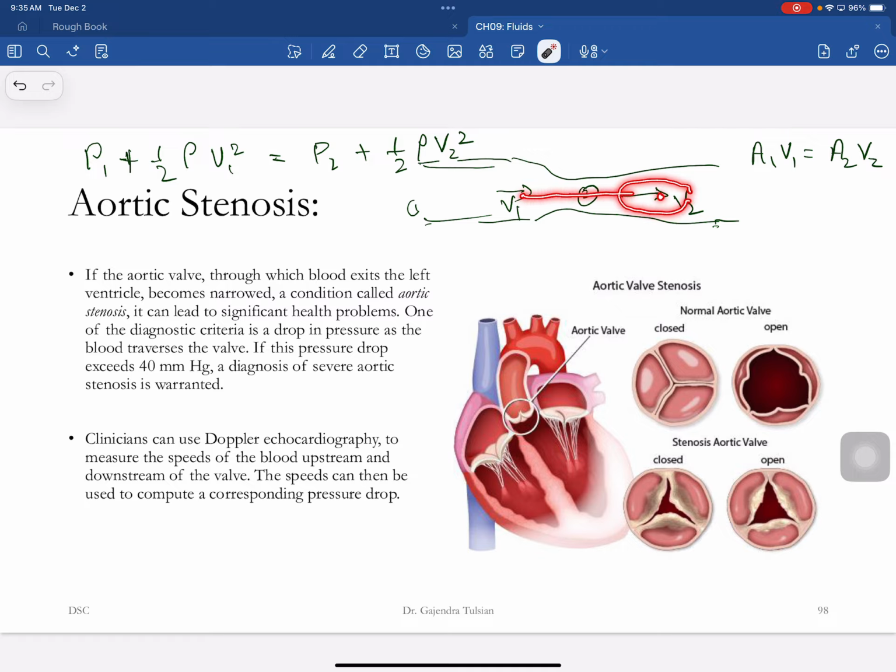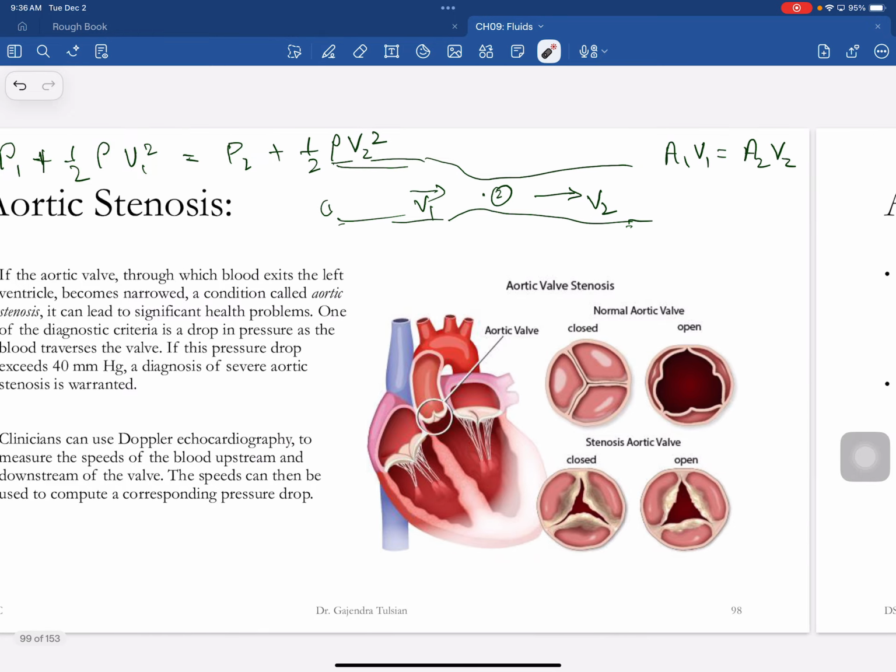So if the pressure across the valve drops by 40 millimeters of mercury, then that means that valve has gone bad. Again, all the diagnosis is based on the blood flow measurements. They'll measure the speed before the valve, and the speed after the valve, and calculate the pressure drop. And if the pressure drop is a certain amount, then it's diseased.